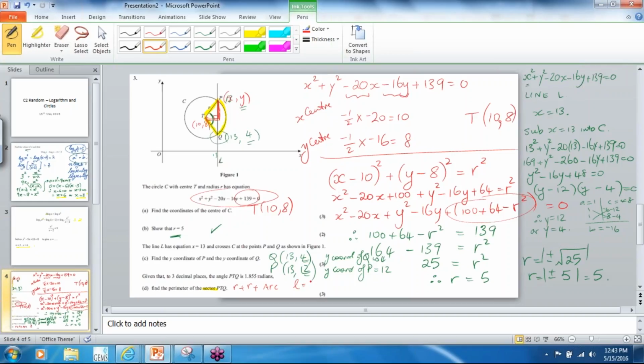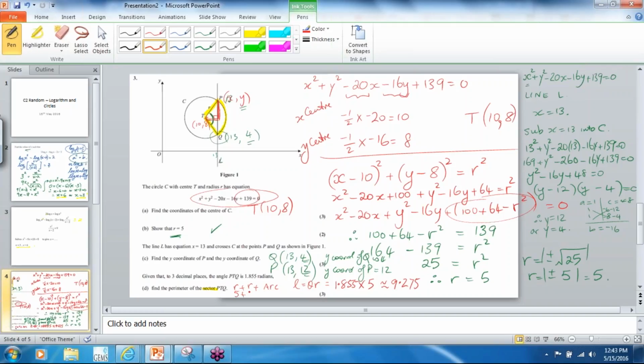Now the arc length equals theta times r. Theta is the angle, 1.855. Radius is 5. So 1.855 is the angle in radians times the radius of 5, so it's 9.275. And we've got 5 plus 5 plus 9.275.